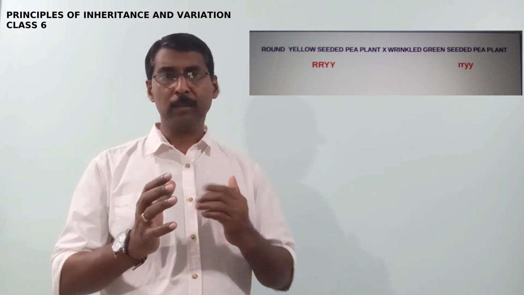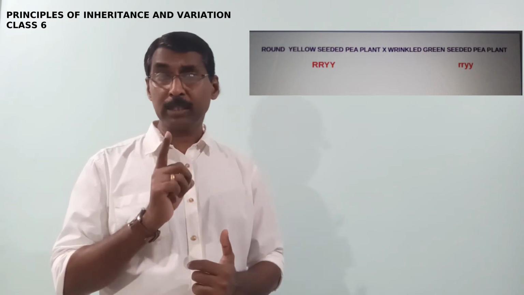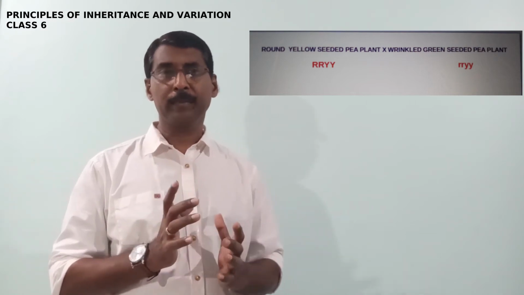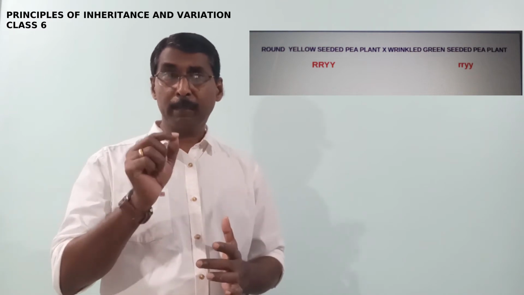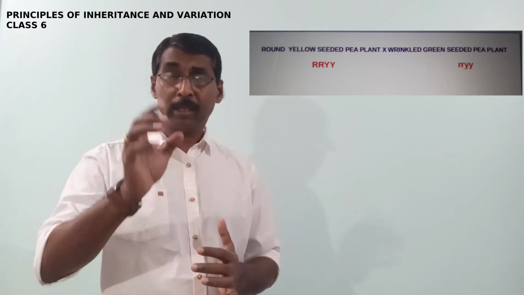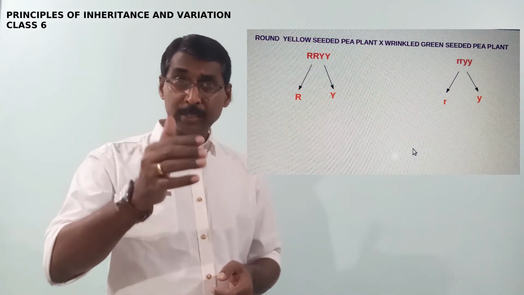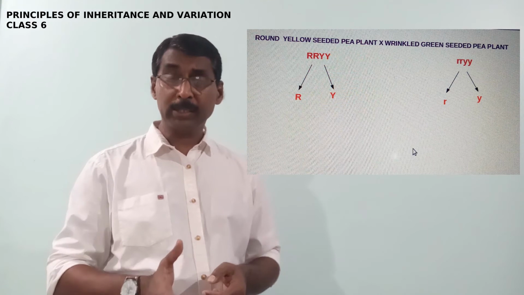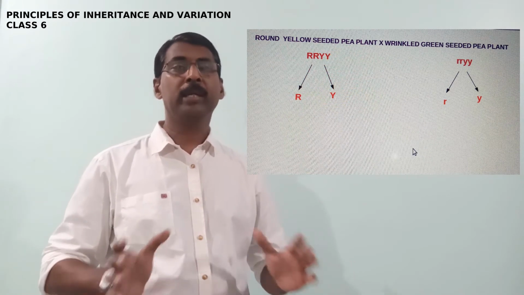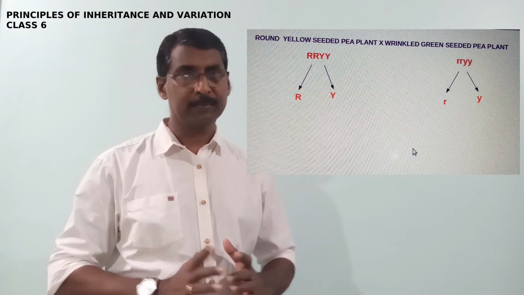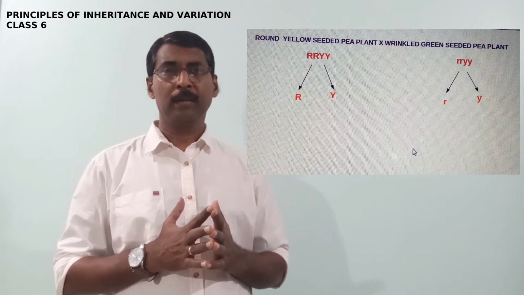So what will be the allelic combination or factors in the gametes? Here we should consider there is a difference from the monohybrid cross. We should remember that. Again, let us go to the law of segregation. According to the law of segregation, during gametogenesis, the pair of factors separate and enter into separate gametes. So that is applicable here also.